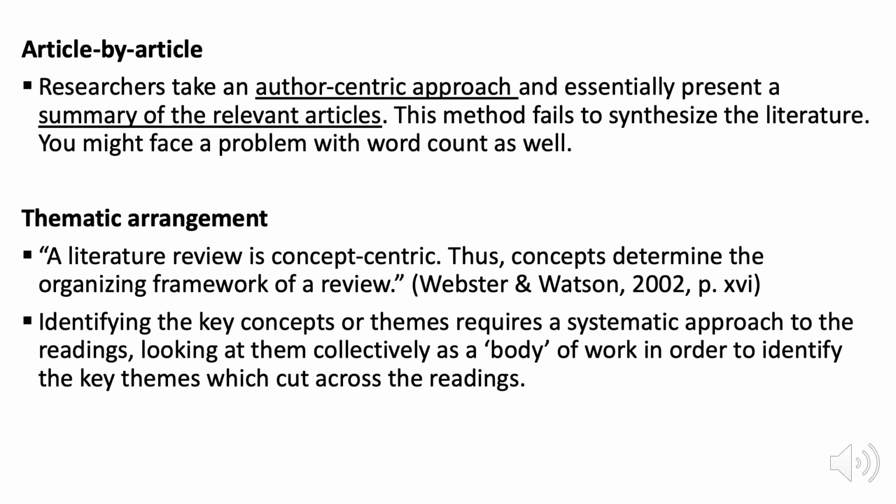In article by article approach, researchers take an author-centric approach and essentially present a summary of the relevant articles. This method fails to synthesize the literature. You might face a problem with word count as well.